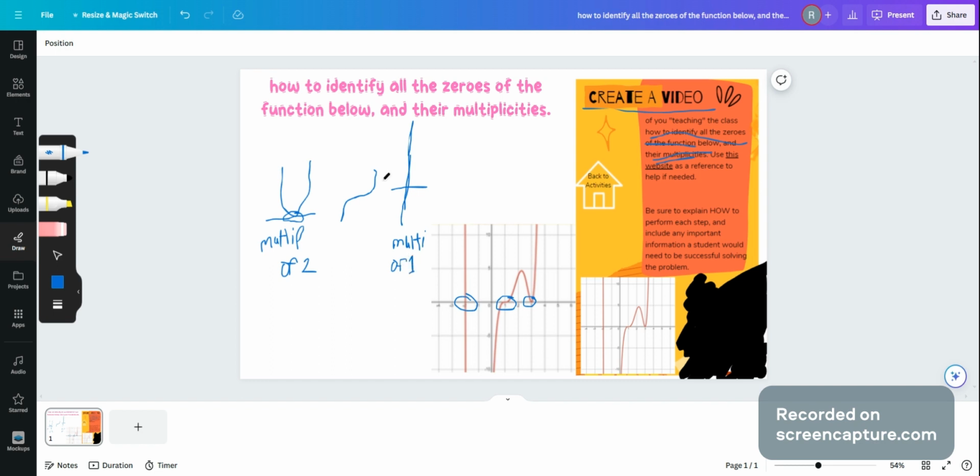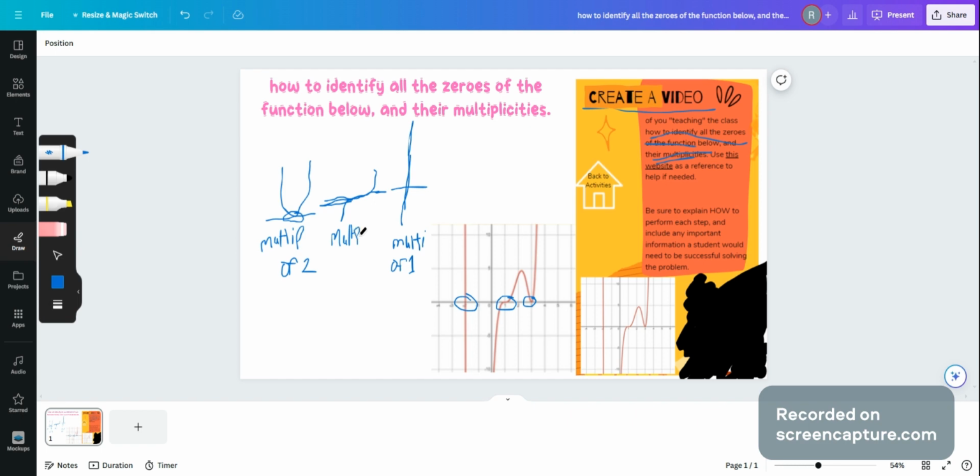And then working with this right here, when you have one of these curvy bendy thingamabobs, as I like to call them, that graze the x-axis a little bit, and then it goes down, or if it comes up, depending on which way you go, you're going to be working with a multiplicity of 3, okay?